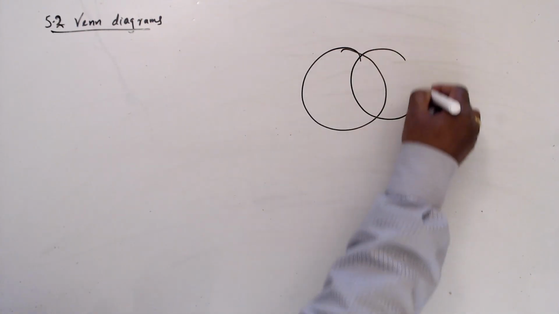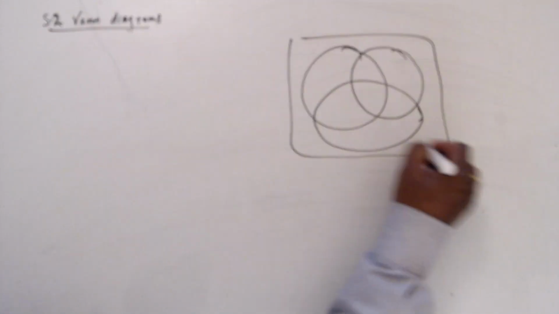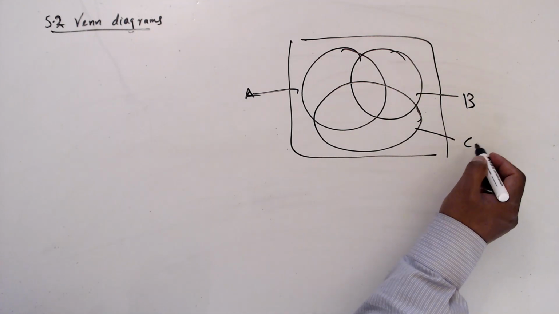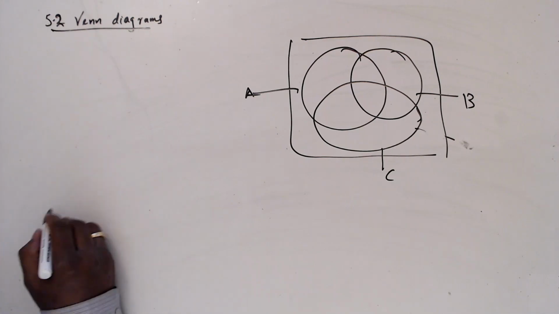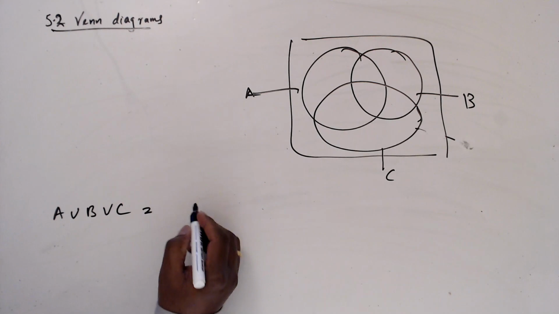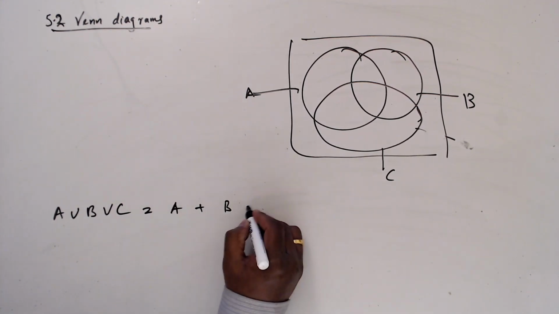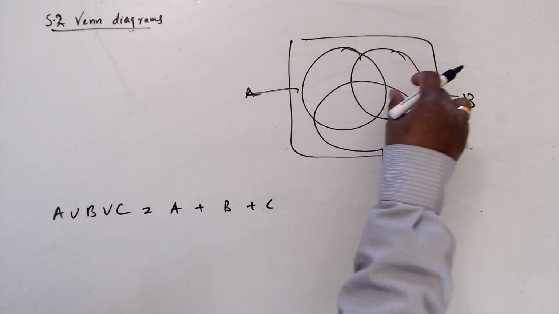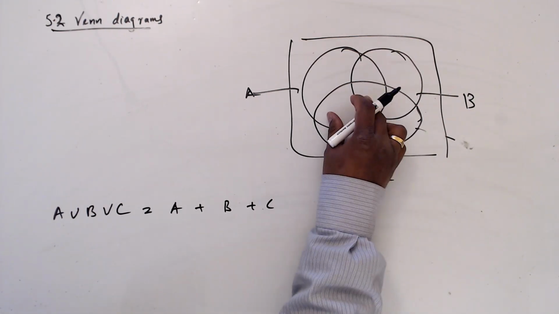I'm not going to prove it, I will just write it for three sets, A, B, C. So A union B union C is A plus B plus C. Now we are adding three times.